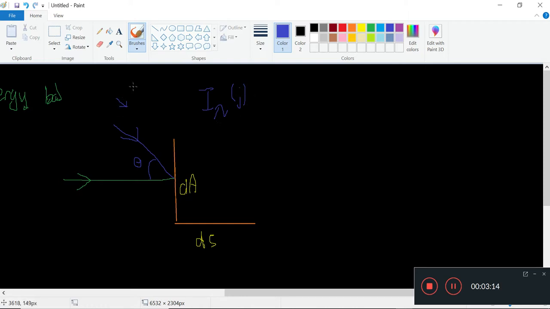So what is the frequency range? Let's make that lambda a little nicer looking. There you go. So the energy in that wavelength range, you can just put a d lambda there.